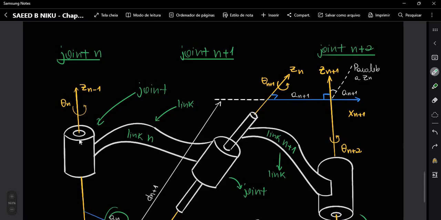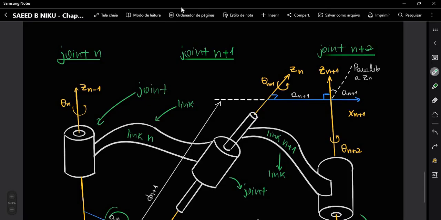In the method we are using, which is DH, we need to name these joints as n, then n plus 1, and n plus 2, following this pattern.